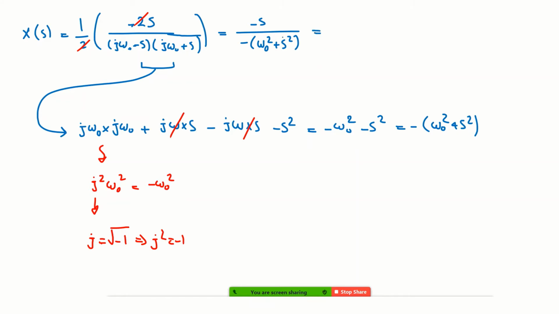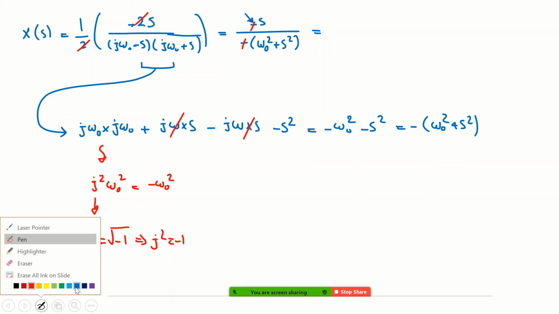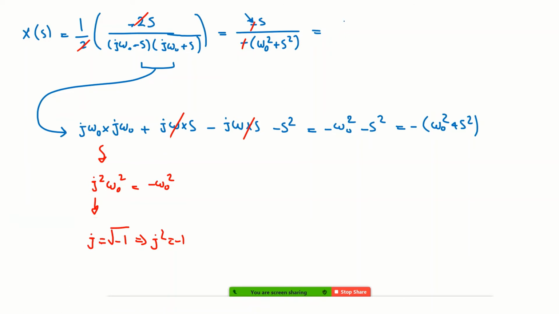So again, this sign here cancels this one here, and I can finally write down X(s) equals s over omega 0 squared plus s squared. And this is the Laplace transform of the signal x(t) equals cosine of omega t u(t).